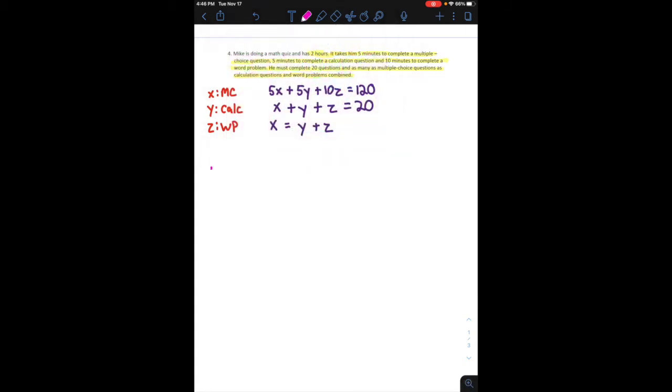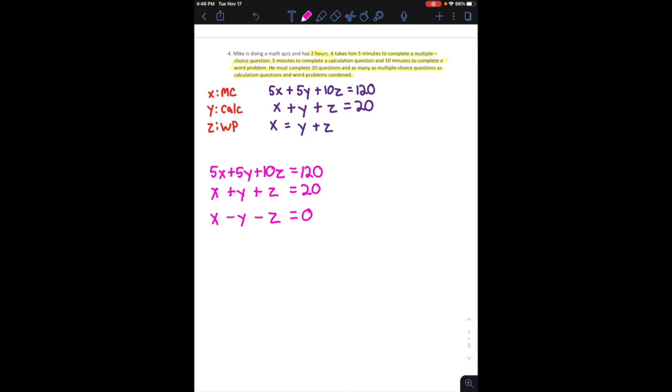So my first equation is going to stay as 5x plus 5y plus 10z is 120. x plus y plus z is 20. And I'm going to subtract the y and z to get x minus y minus z equals 0.